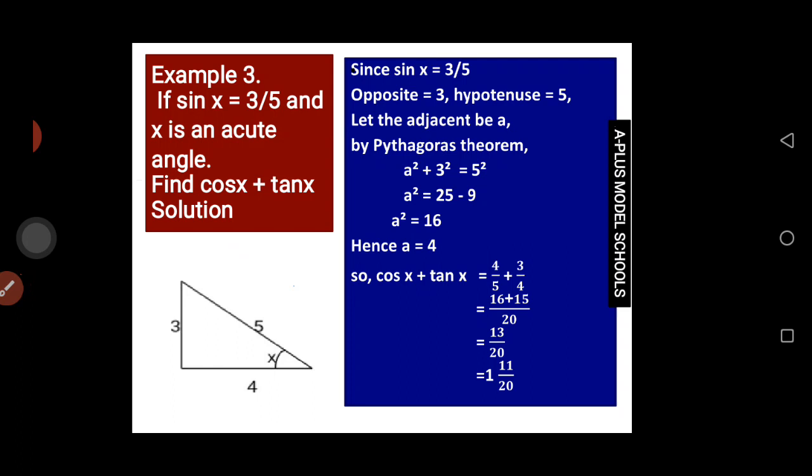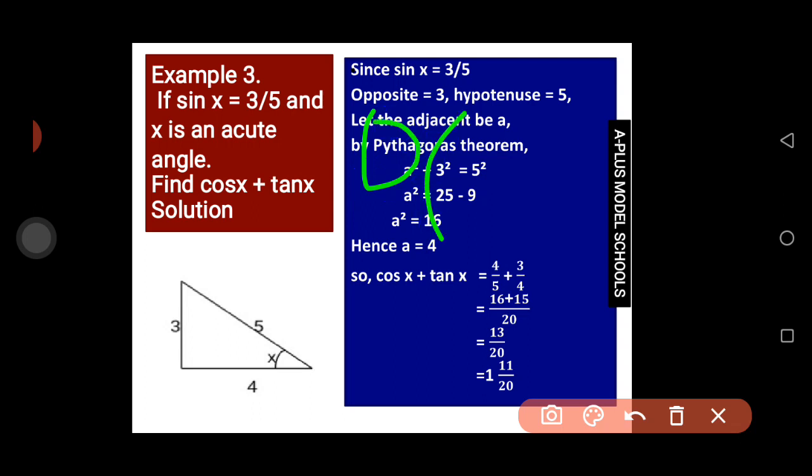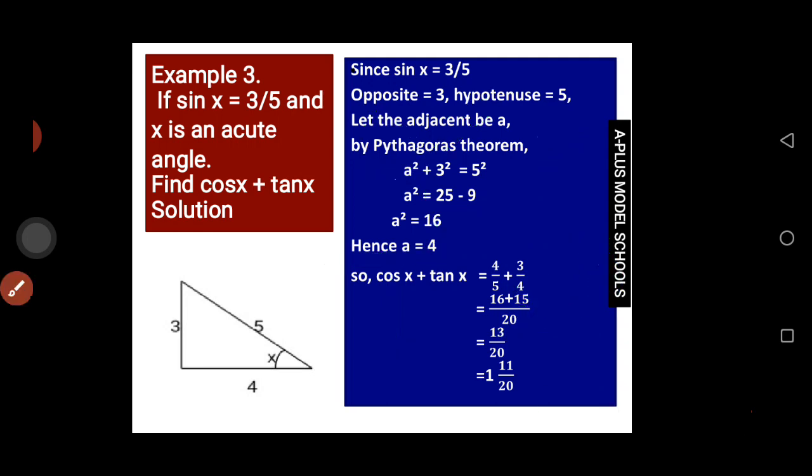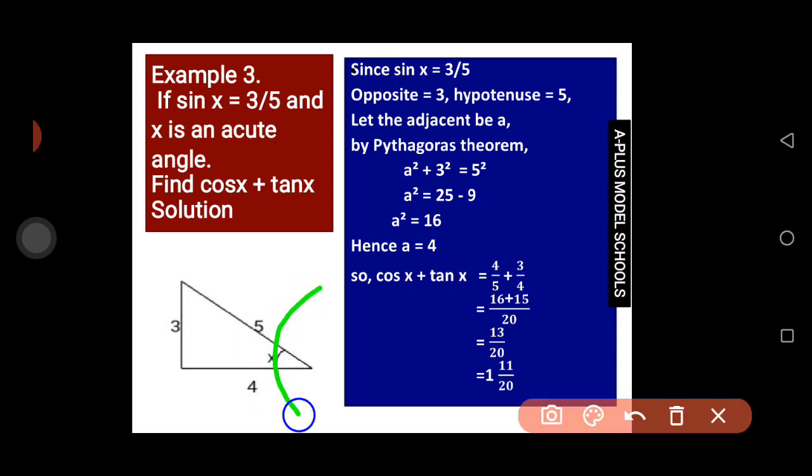If I'm given sine x, it means sine is opposite over hypotenuse. The first thing I'm going to do is draw the right angled triangle, then label it. When I label the angle to be x, the opposite side is 3 and the hypotenuse is 5.